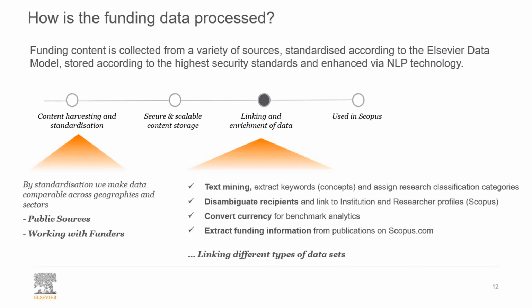We disambiguate the recipients, either the researchers or the institutions, and we are connecting them to the Scopus researcher profiles or the Scopus affiliation profiles, and when possible, even with external identifiers such as ORCIDs for researchers.